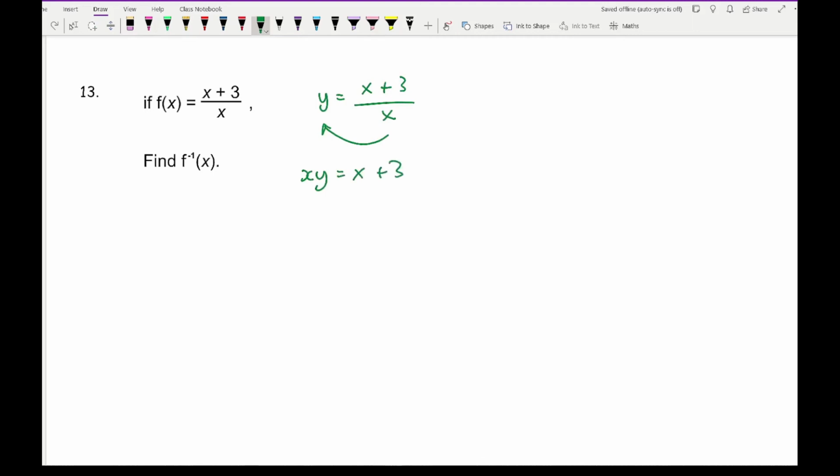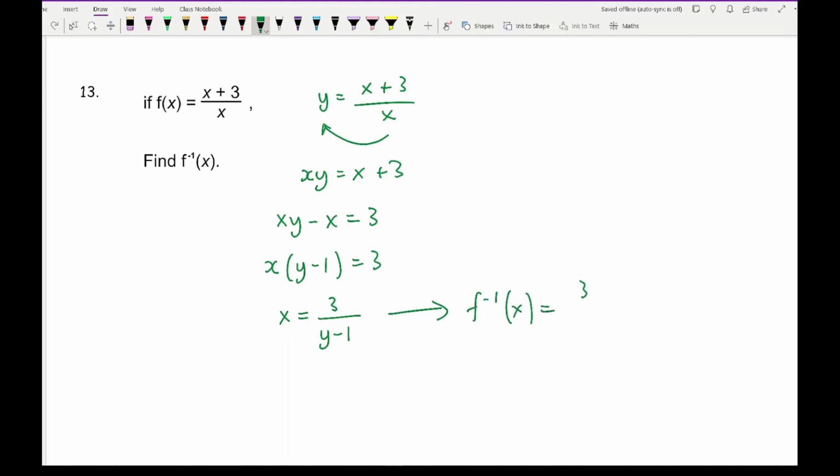Then you want to have x's all on one side, so I have xy minus x equals 3. I then want to factorize this, so I've got x times y minus 1 equals 3, and so x equals 3 over y minus 1. Now that I've made x the subject, I can then just swap what I need to, so then it becomes that.